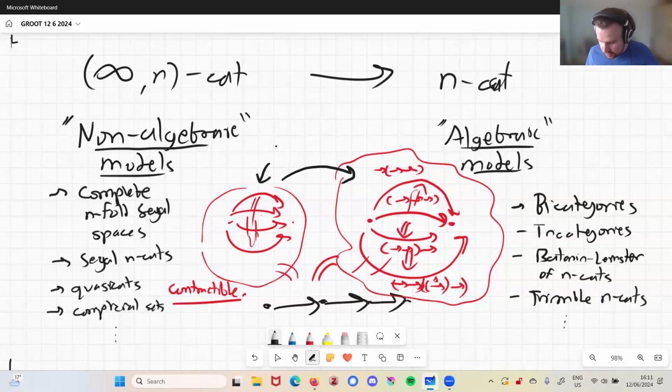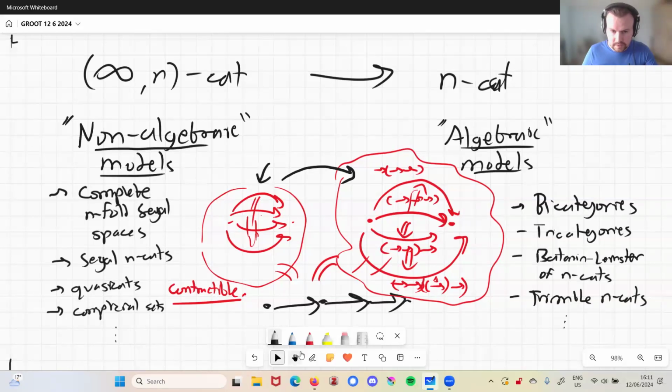And in doing so, we will be forced to extract all of the information that's implicit in the non-algebraic models. This is going to be painful, but it's a growing pain as far as I can see. This teaches us more about how these two situations relate to one another and could potentially help us bootstrap results in the algebraic situation from the non-algebraic one. The non-algebraic one has seen a lot more progress in recent years because it builds on homotopy theory.